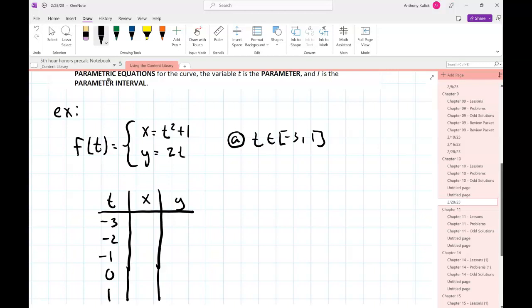So -3 squared is 9, plus 1 gives me 10. 2 times -3 gives me -6. And we'll just continue going through and doing that. Does everybody kind of get how I'm doing this?